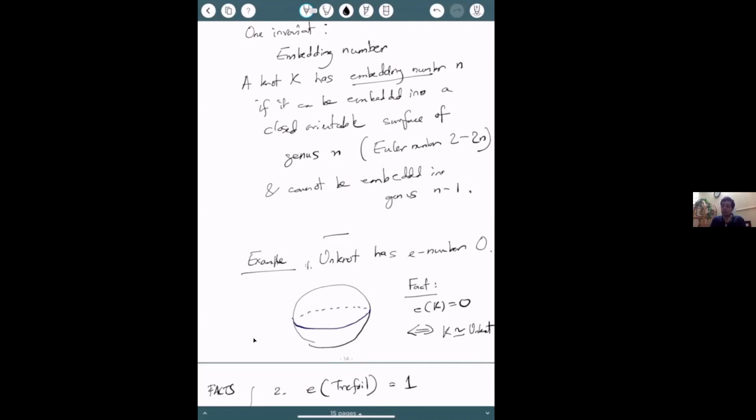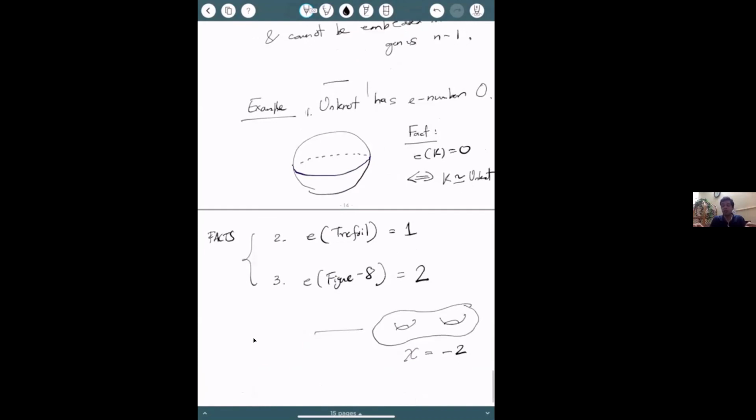So it's clearly an invariant, but it doesn't distinguish between all knots. There are different knots sitting on a torus, all of which have embedding number 1 because they're sitting on a torus and they're non-trivial, but they're not equivalent to each other. So it is not a complete invariant, but it is one invariant of knots.